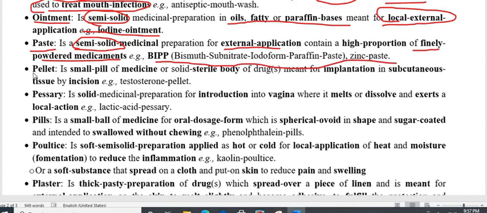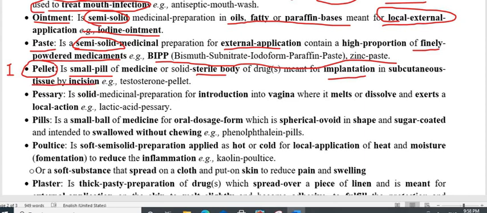Now pellet. Pellet is also a preparation or dosage form similar to the implant. This pellet is also implanted, it is in pill shape, and it is sterile, and it should be implanted in the subcutaneous tissue by incision.